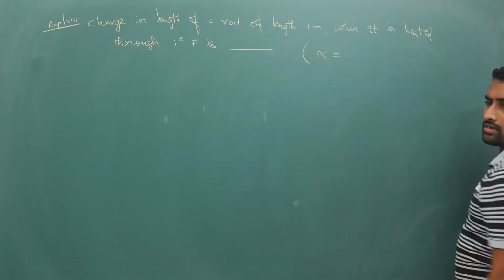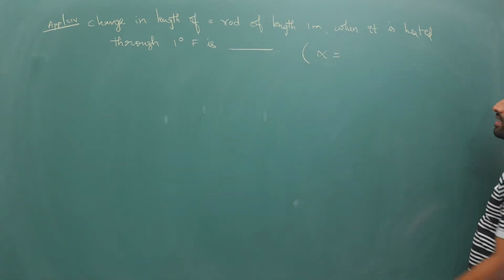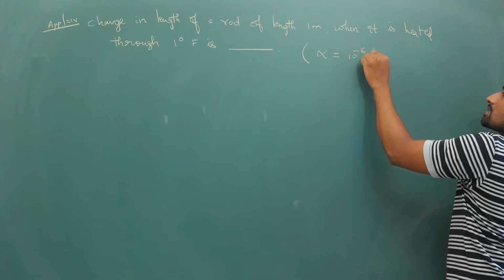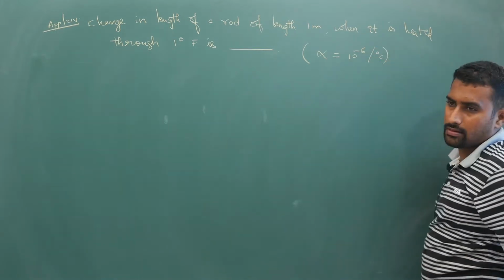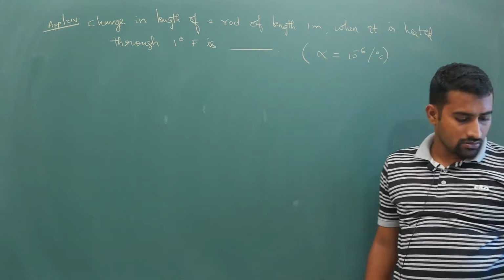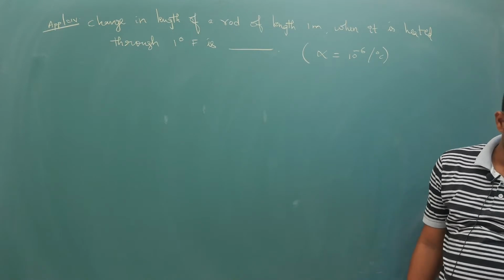In the bracket your alpha value is given as 10 power minus 6 per degree centigrade. Okay, now come on, try this question.